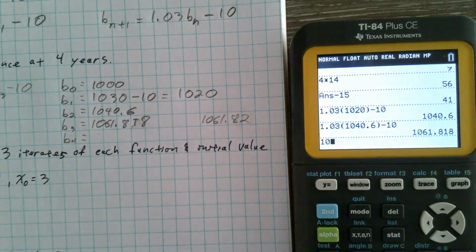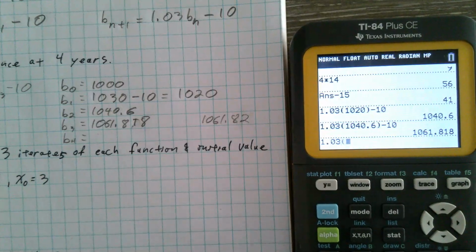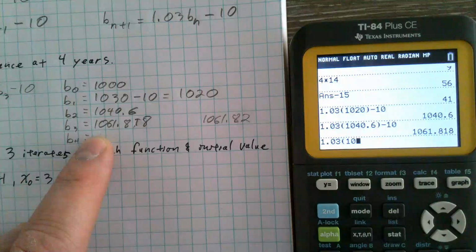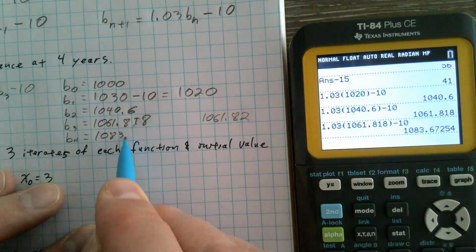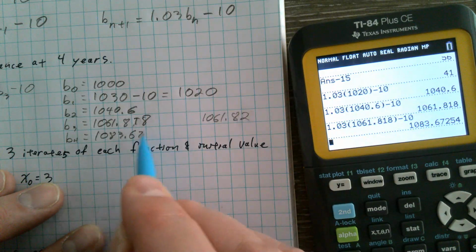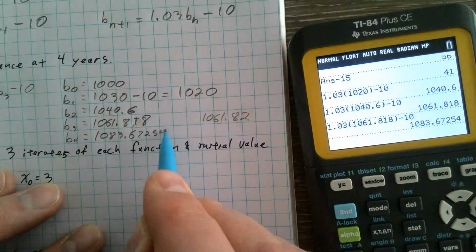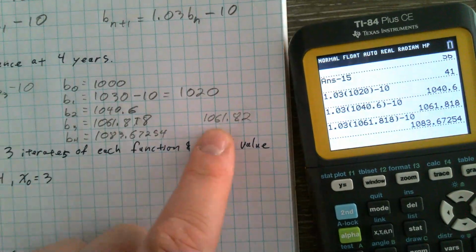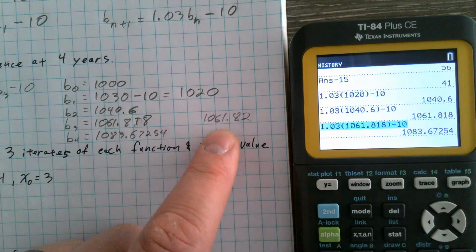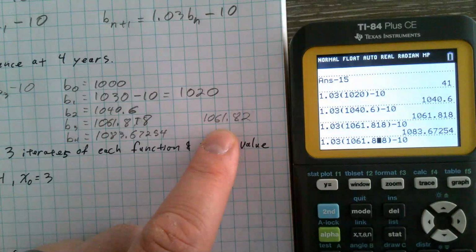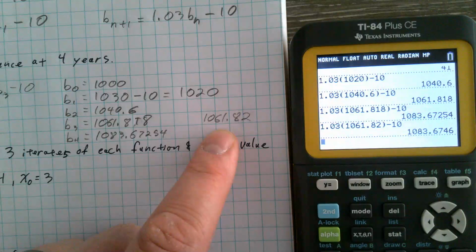Okay, so 1.03 times 1061.818, close parentheses, minus 10. And we get 1083.67254. And then I'm going to plug this one in as well just to see if it changes. So we made that a 2, and we got rid of that.